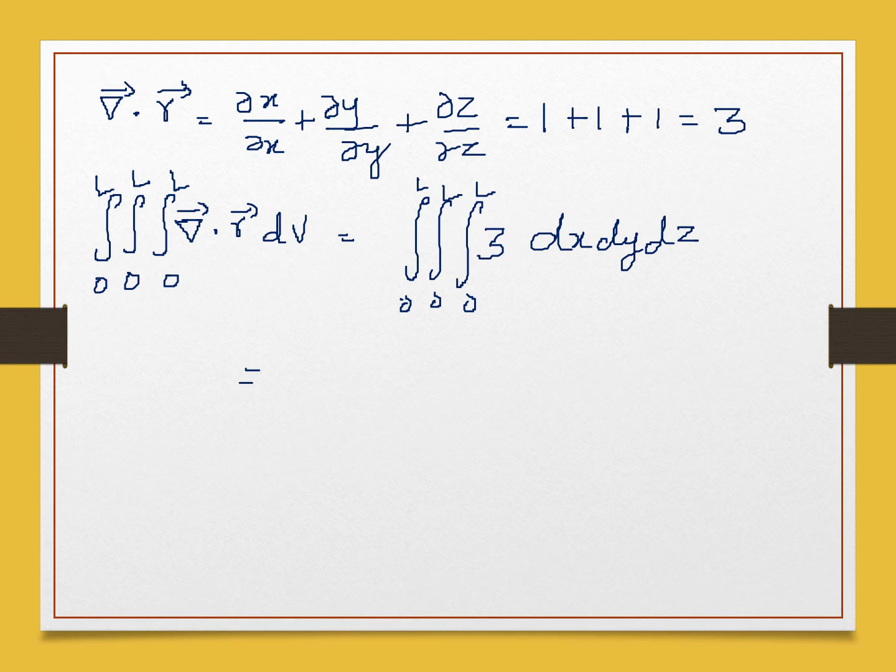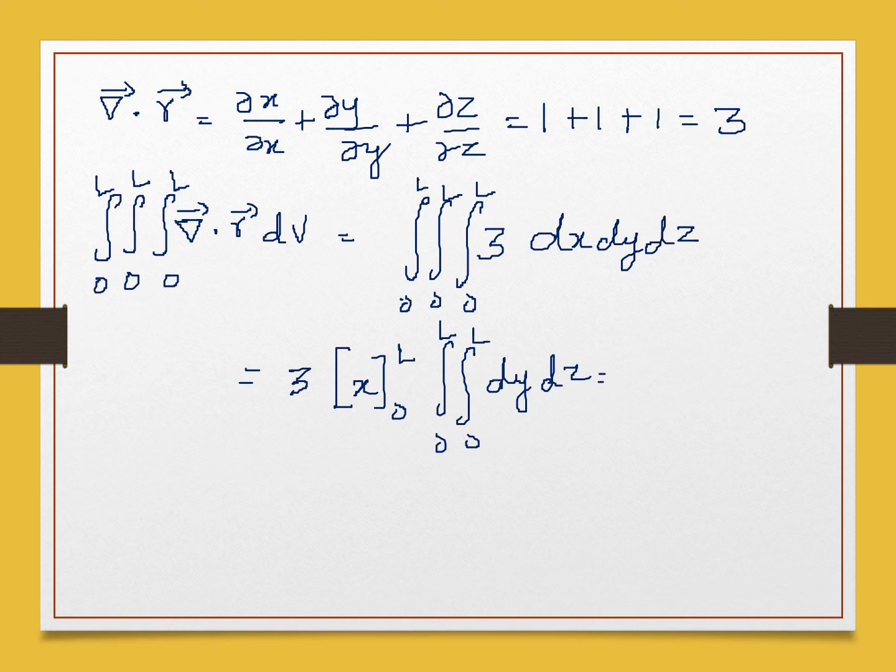So we will be integrating three times. First we integrate for x, so the integral of dx becomes x from 0 to L, then the double integral from 0 to L of dy and dz, so it will become 3L.